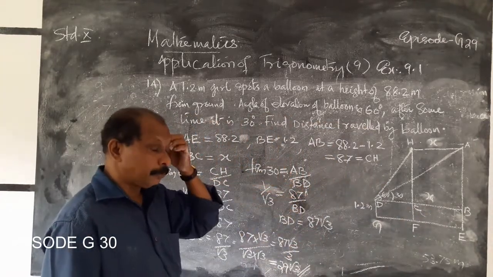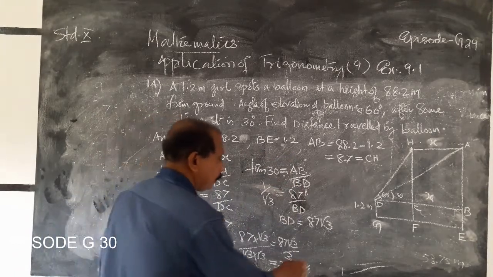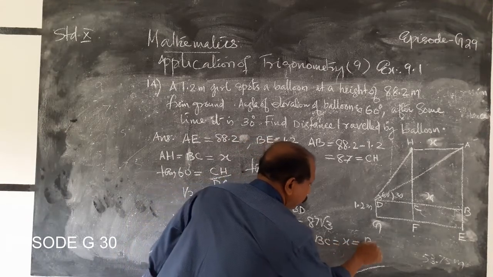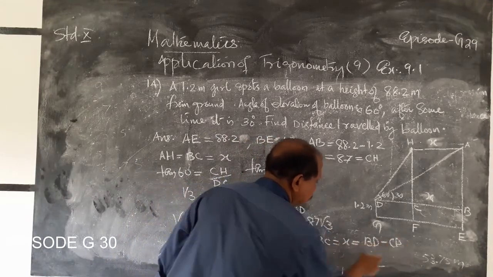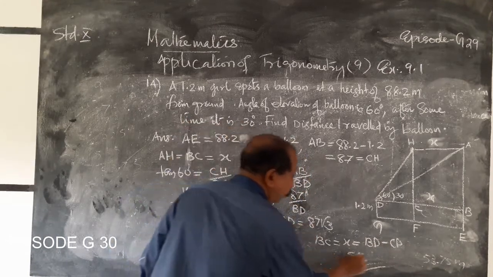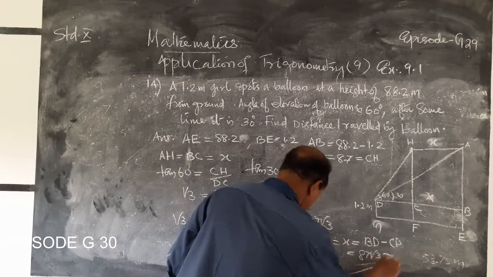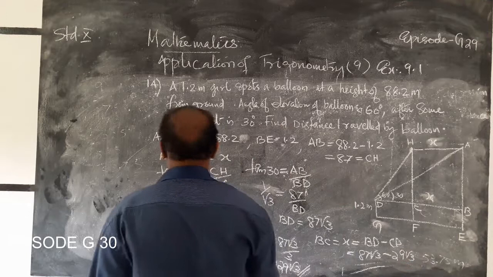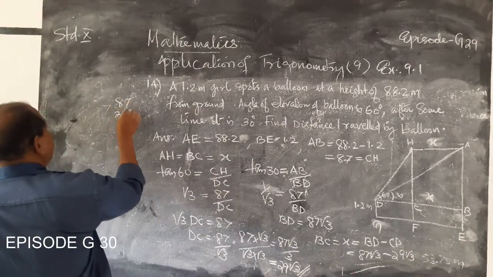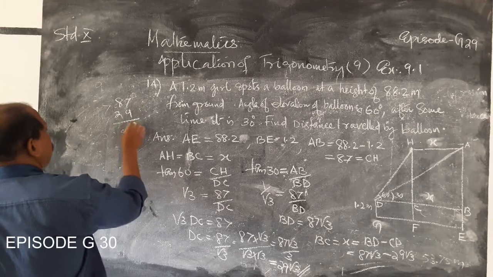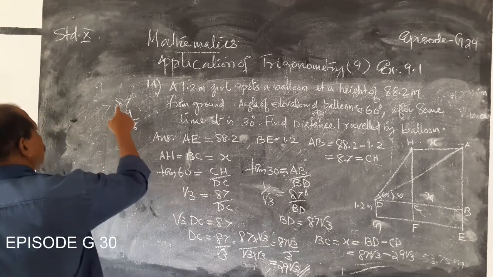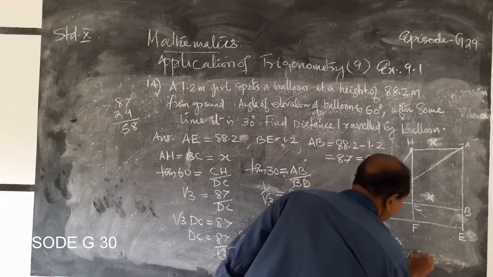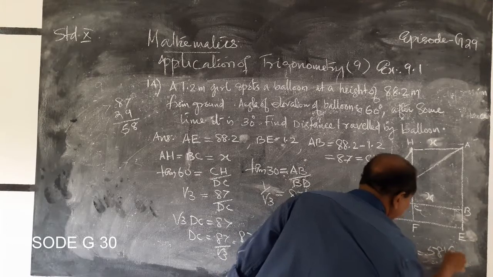Therefore, the distance between them is BC, which is equal to x, which is equal to BD minus CD. That is 87 root 3 minus 29 root 3. That is 87 minus 29, which is 58, equal to 58 root 3.